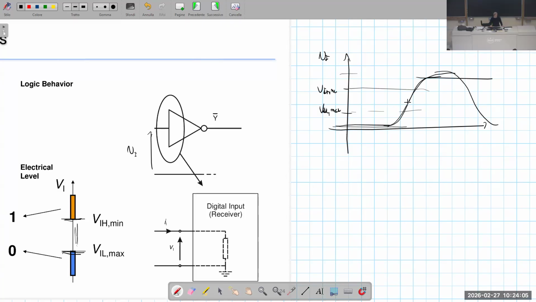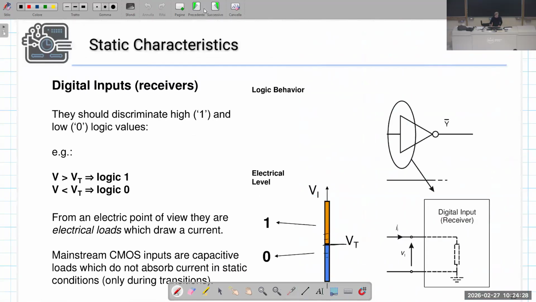We cannot accept that VI in steady state conditions stays in between like this. This is not acceptable. Is that clear? Okay, comments, questions?